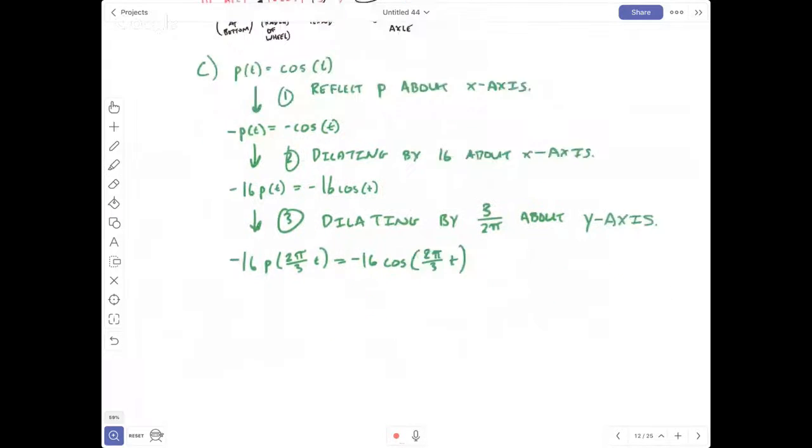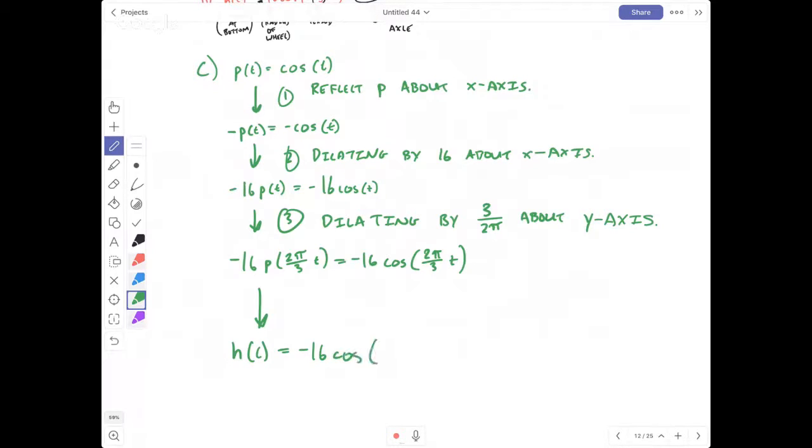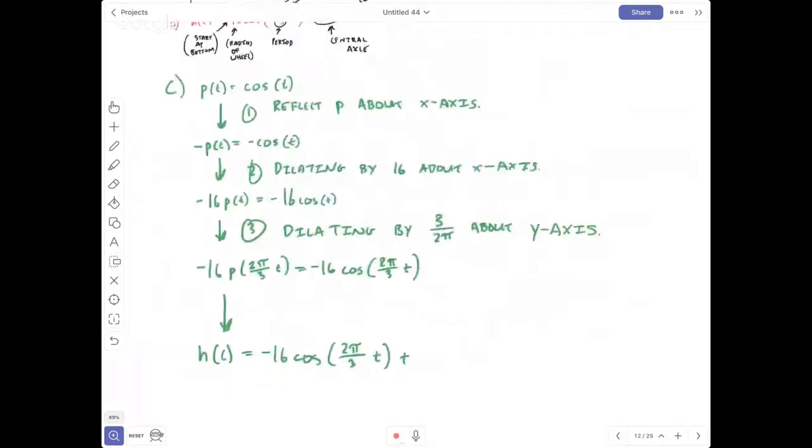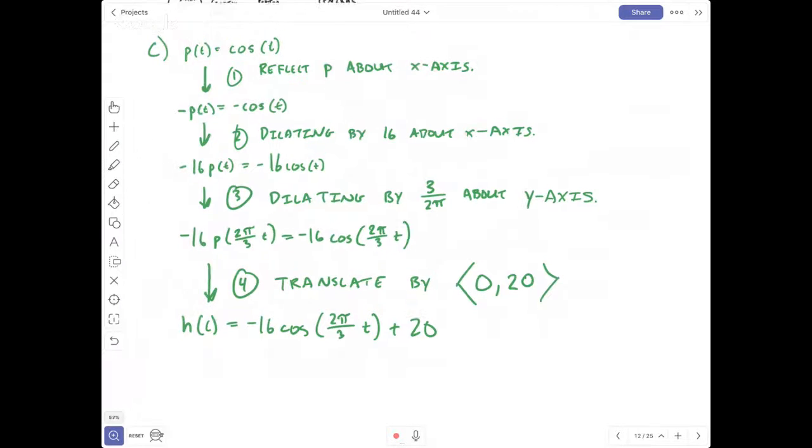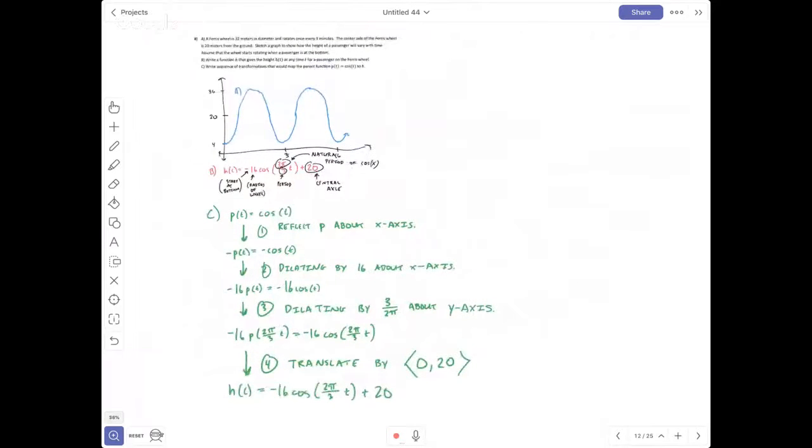And then lastly, I want that 20. So the last step, getting to h of t, which is negative 16 cosine of 2 pi over 3 t plus 20. Step 4 is translate by the vector 0, 20. There's number 8, I think.